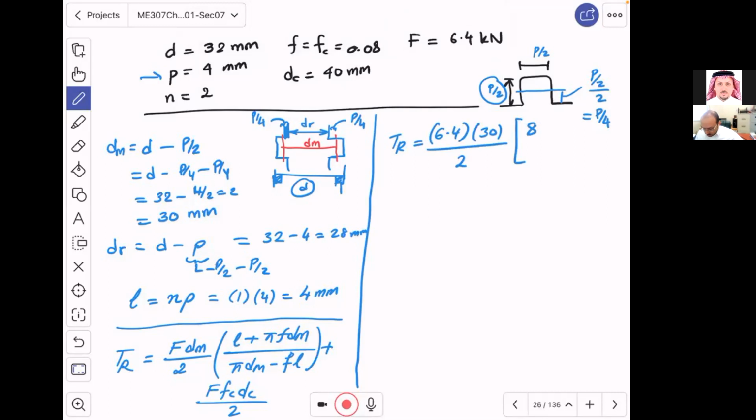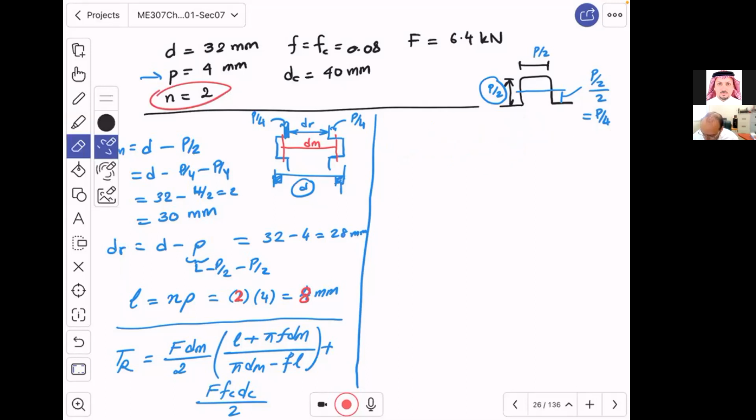What is 8? Sorry, I forgot one thing. Here, this was 2. I don't know why I put 1. We have 2. This is N. And this one is 8. Sorry about this. I'm going to rewrite this down. It's not going to work out here.